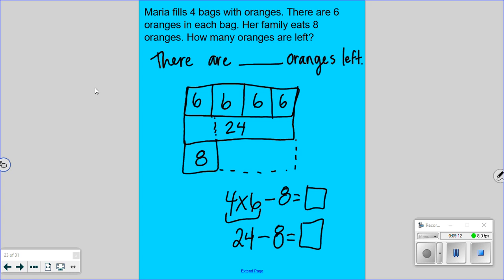I love that I see Avery's got some fingers going. Subtracting 8, you could definitely count backwards. That's not a large number. You could count on. 24 is not a large number. You could do black hole.